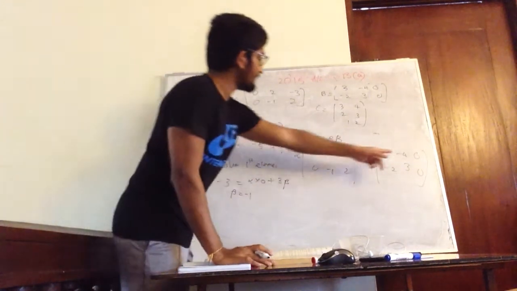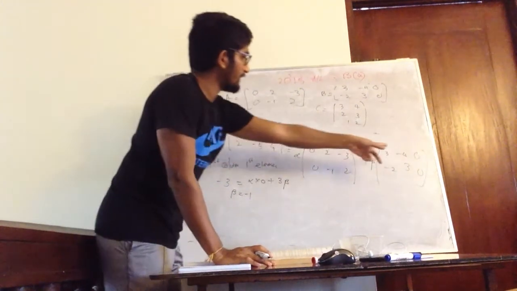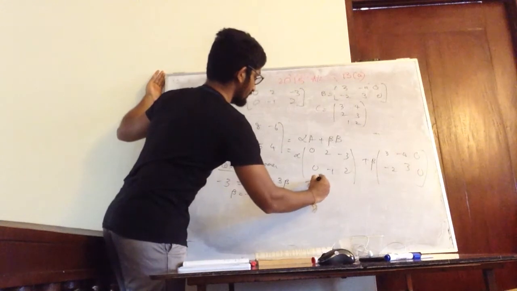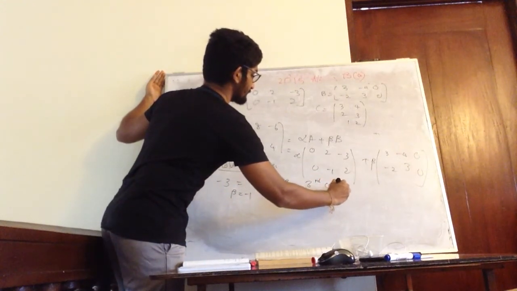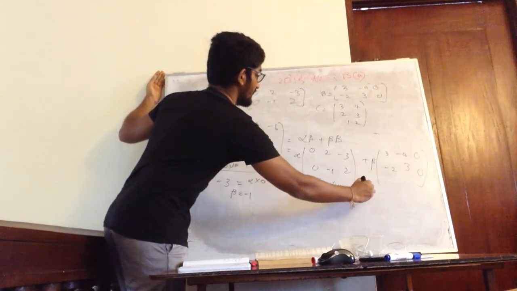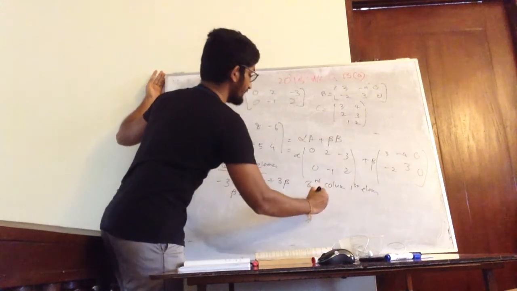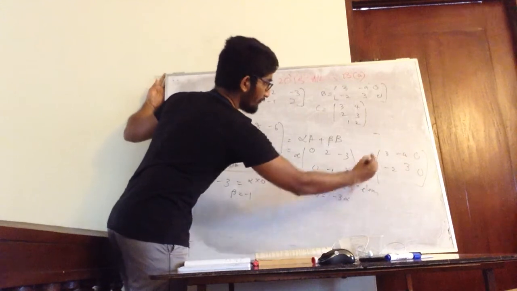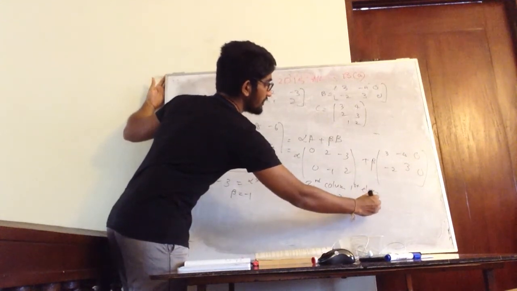Then I'm going to take the third column, first element. That is minus 6, equal to minus 3 alpha plus beta times 0.